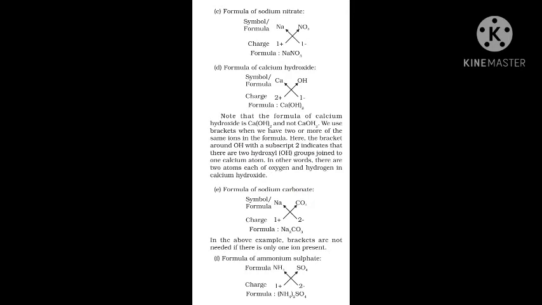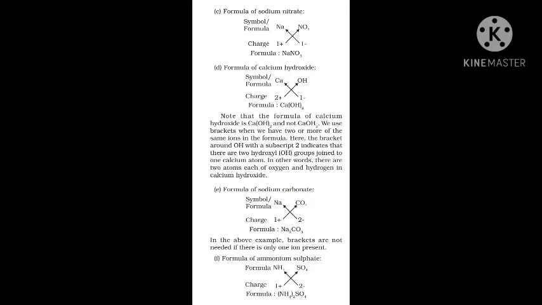We use brackets when we have two or more of the same ions in the formula. Here, the bracket around OH with a subscript 2 indicates that there are two hydroxyl groups joined to one calcium atom. In other words, there are two atoms, each of oxygen and hydrogen in calcium hydroxide.